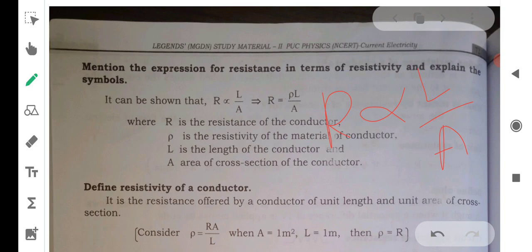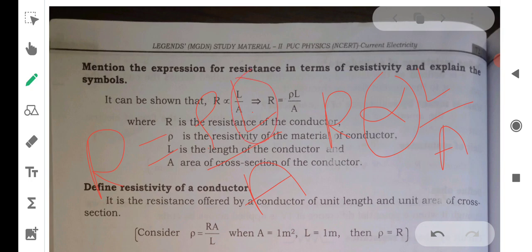Now this proportionality constant is denoted by one more symbol, that is rho. Rho means resistivity. Next, we get one more formula, R equal to rho L divided by A.